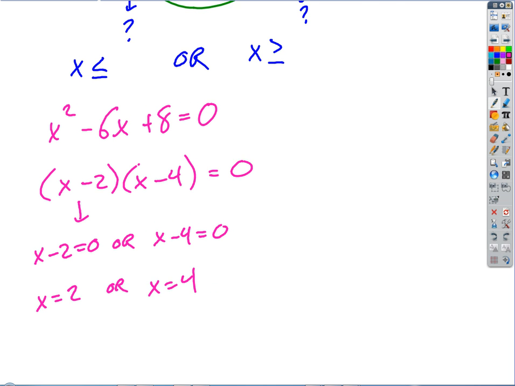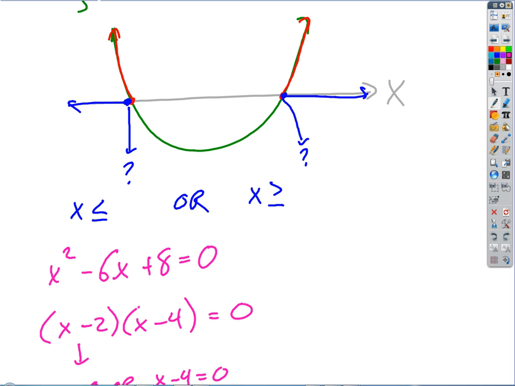Now I can fill in the blanks. This one down here is 2, because that's smaller than 4, and this one must be a 4. So either x is less than or equal to 2, or x is greater than or equal to 4.